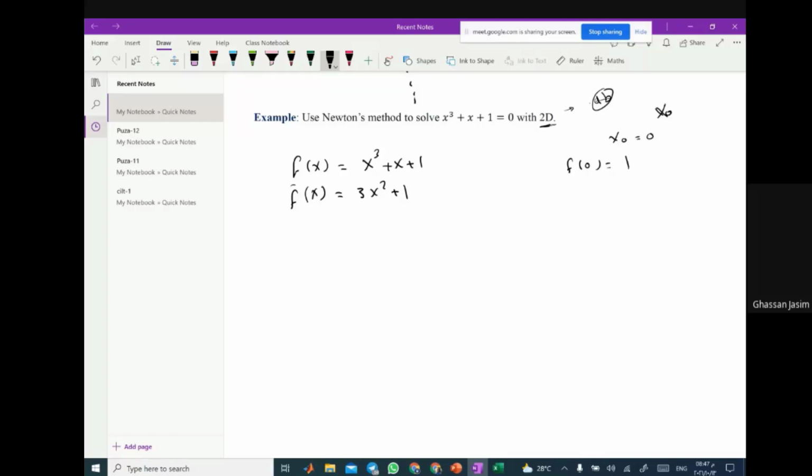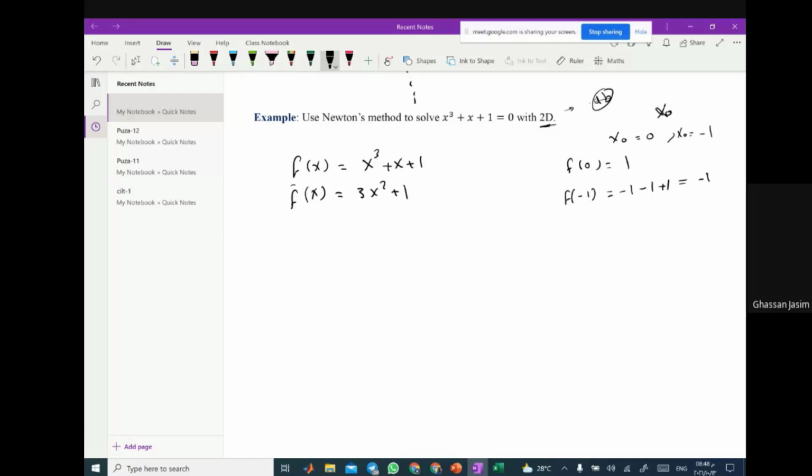Now let's take x naught equal, for example, minus 1. f of minus 1 equals minus 1 minus 1 plus 1, it will be minus 1.